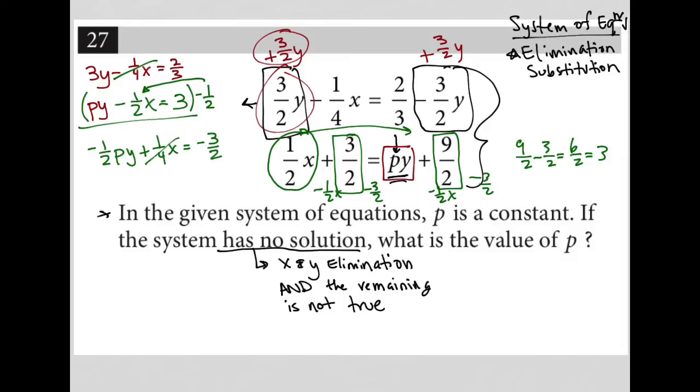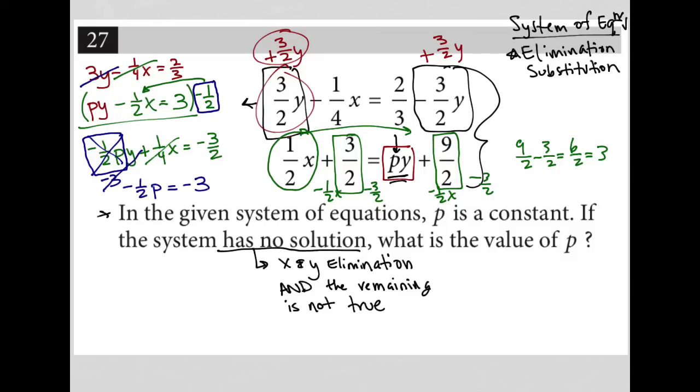Now, again, the way this works is that whatever I multiply by to cross out one of my variables should also automatically cross out the other. So because I know that, that tells me that this negative 1/2 p here must be equal to negative 3. Because if negative 1/2 p were really just negative 3, then it would be able to cancel out with my 3y because I'd have a negative 3y there.